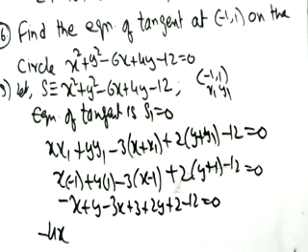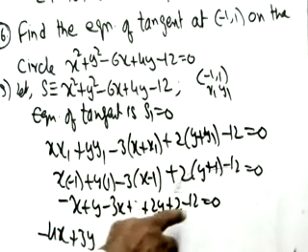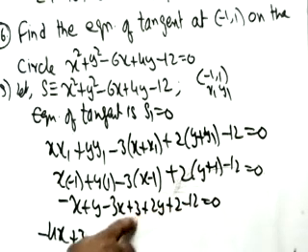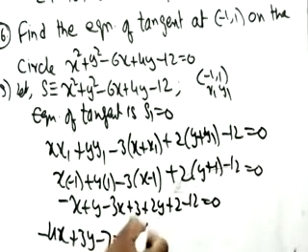Minus 3x minus x will be minus 4x. Now 2y plus y is 3y. Now constants. 3 plus 2 is 5. 5 minus 12 is minus 7 equals to 0.